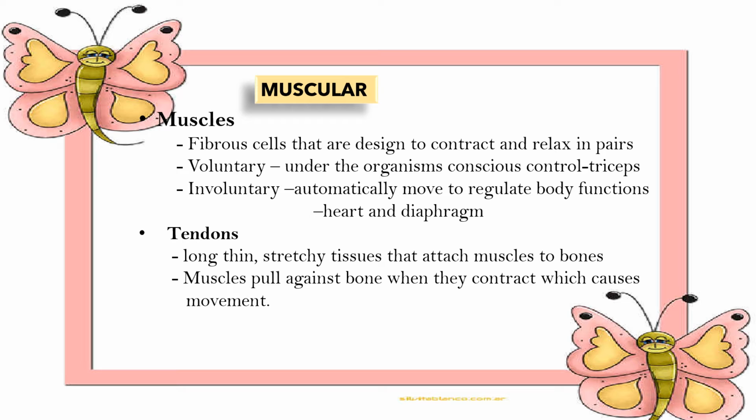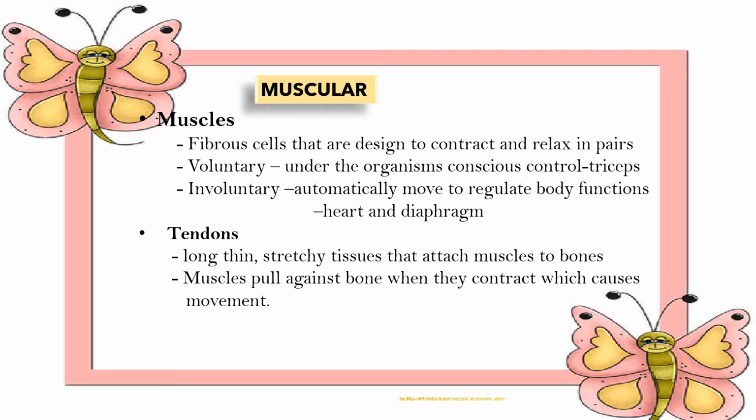When you say muscles, you can describe muscle as fibrous cells that are designed to contract and relax in pairs. Without muscles, therefore, your skeletal organ can barely move around in whatever direction you want.